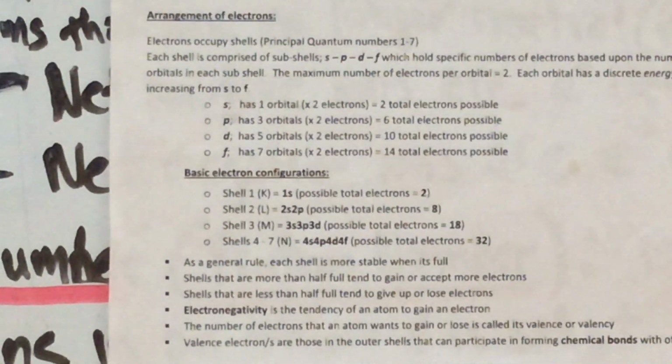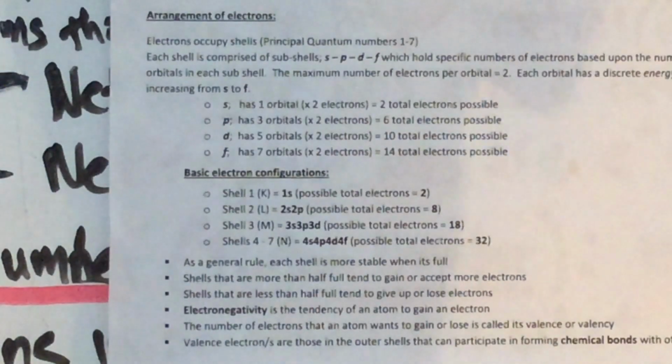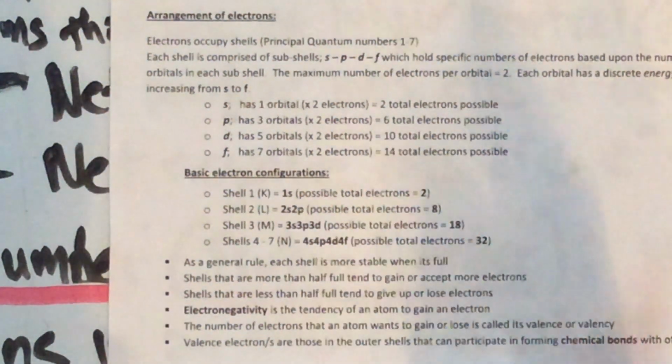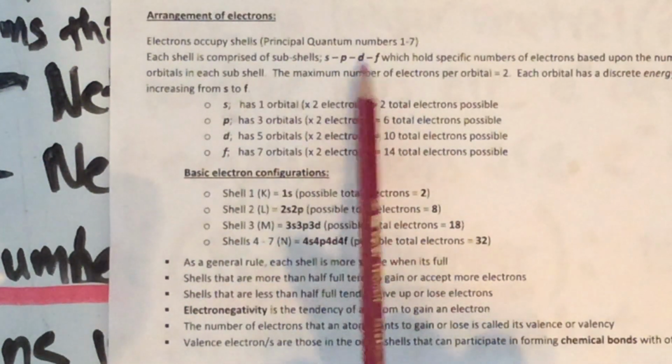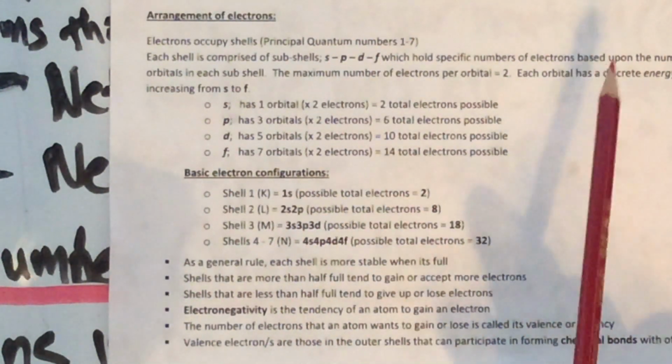Okay, so let's talk about what we were talking about earlier with respect to electron configurations. Electrons occupy shells. We talked about those 1 through 7. And each shell is comprised of subshells, which are S, P, D, and F. And those are all varying energy levels.